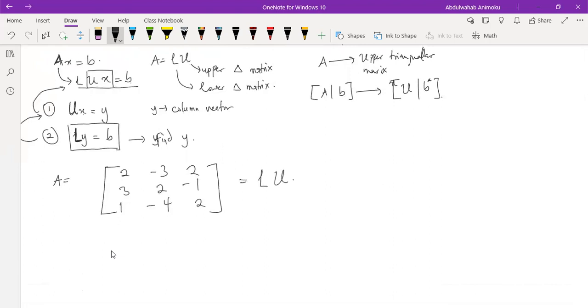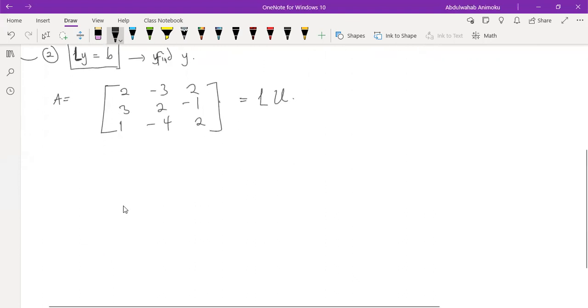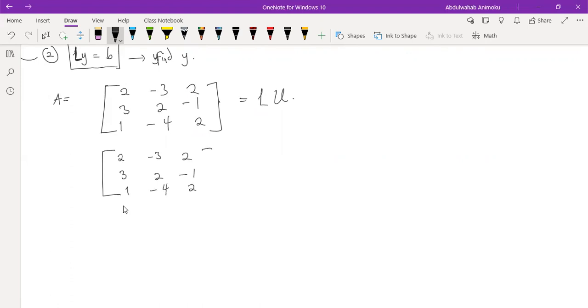Now, we already know how to get an upper triangular matrix from this: by doing row reduction. We're going to perform some elementary row operations on this matrix to reduce it to an upper triangular matrix, and we use these operations to find L. So let's have L on this side.